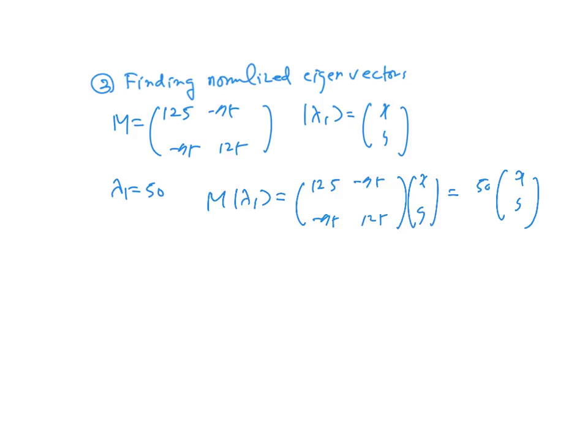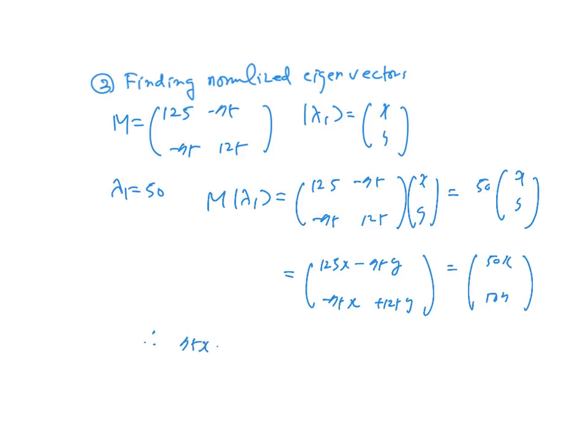So this part is 125x minus 75y, minus 75x plus 125y, is 50x, 50y. So 75x minus 75y is equal to 0, or minus 75x plus 75y is equal to 0.